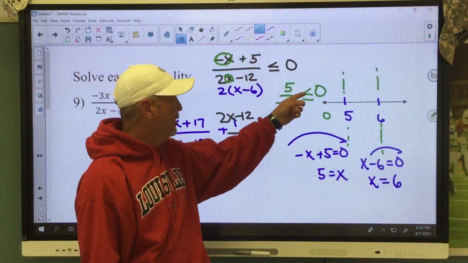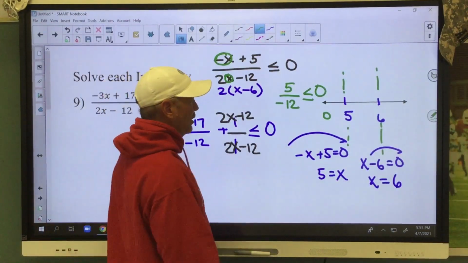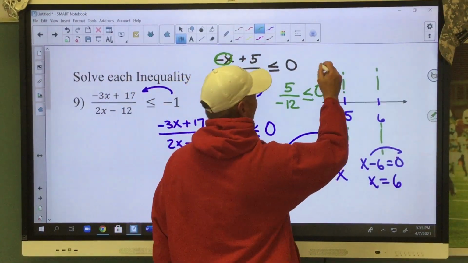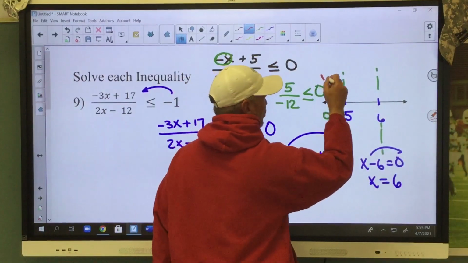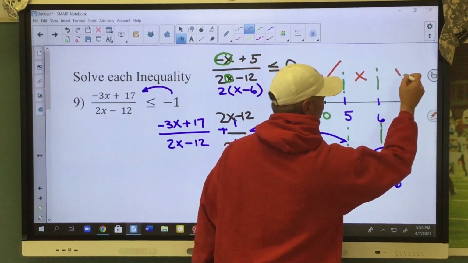Is this negative number less than 0? The answer is yes. Okay? So this makes this true, makes this false, makes this true.